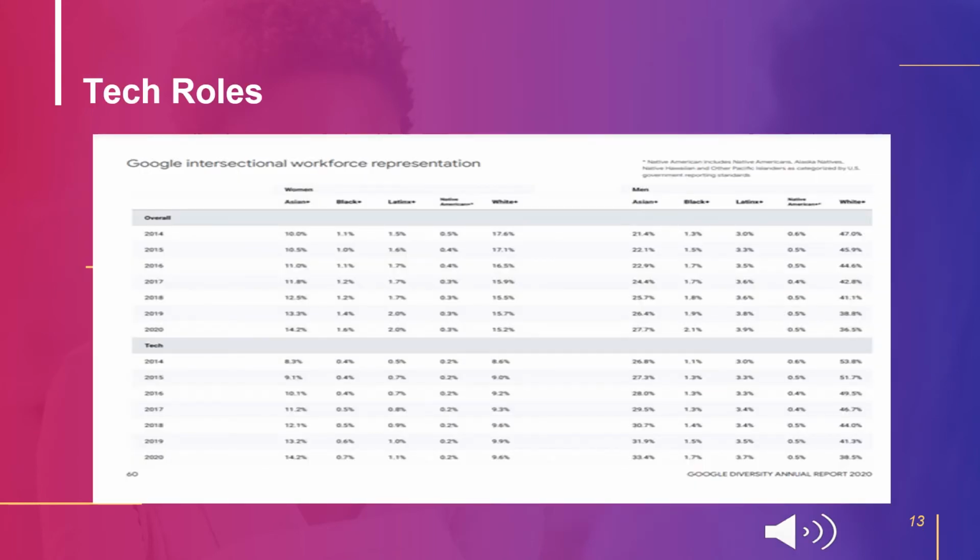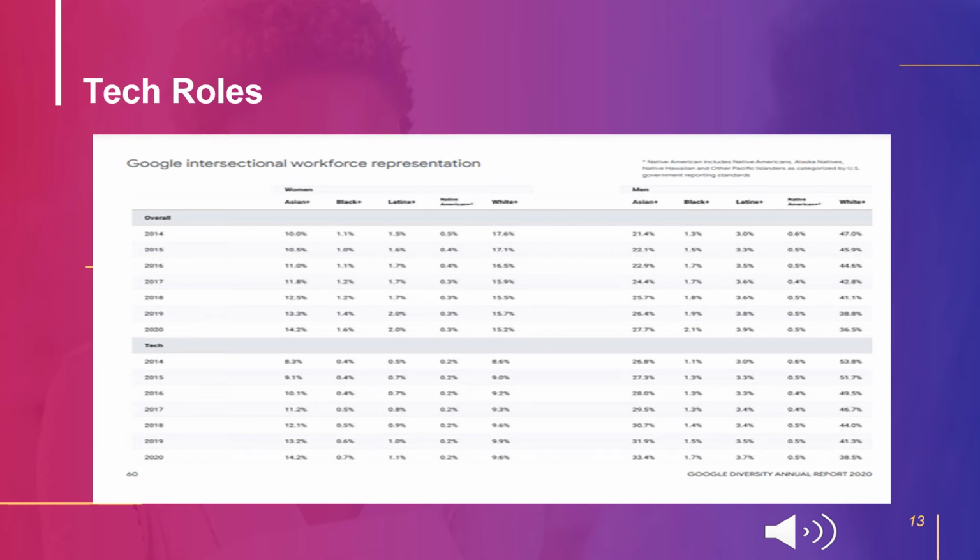The percentage of black hires in technical roles also grew by 0.7%, the largest increase in the share of black technical hires since Google first started publishing diversity data. The percentage of Latin employees in technical roles increased by a mere 0.2%.